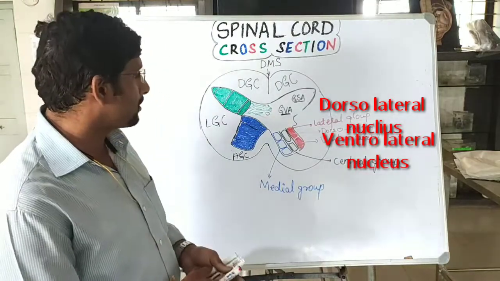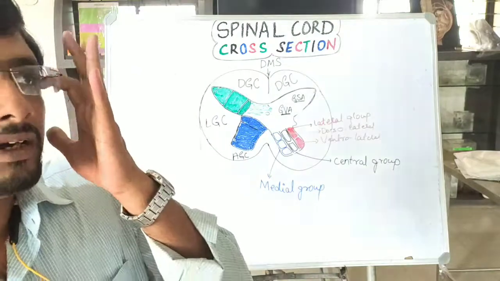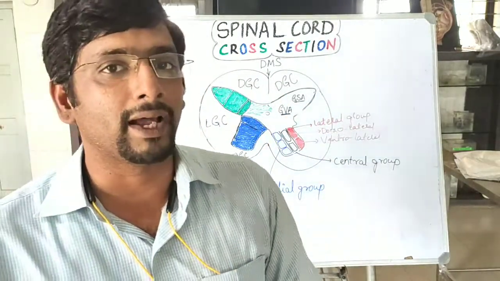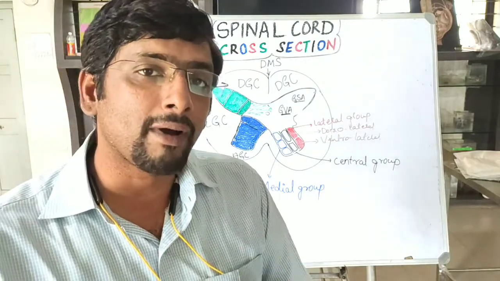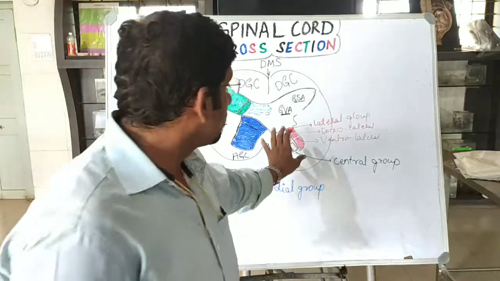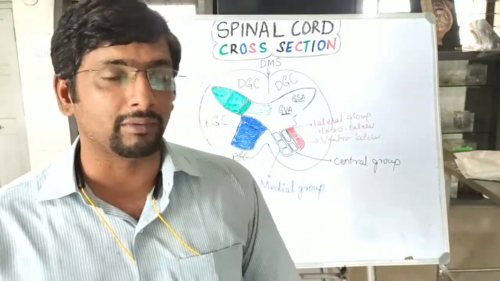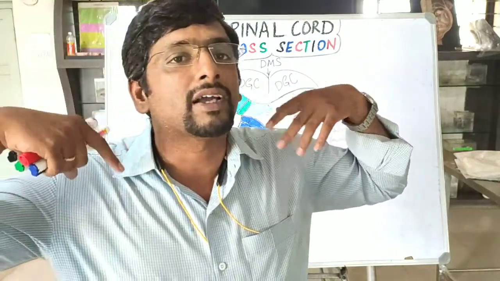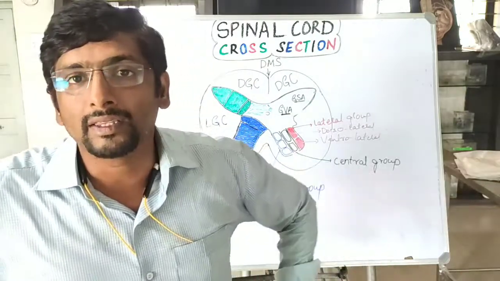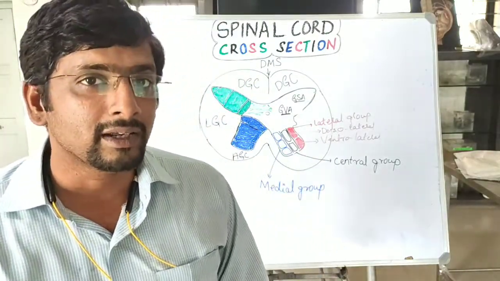These are the groups of nuclei that supply general somatic efferents to the limbs, upper limb and lower limb. In the cervical segment, these groups supply the upper limb. In the lumbar segments, they supply the lower limbs.